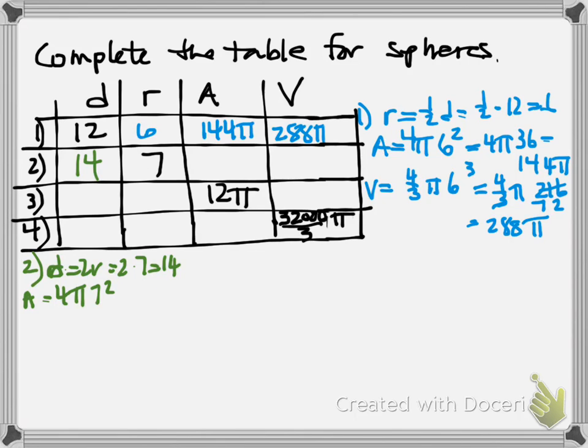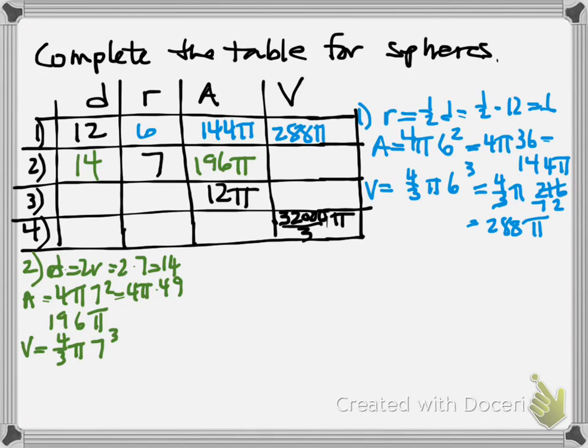So that gives me 4 pi times 49. So that gives me 36, 16, and 3 is 19, so we get 196 pi.